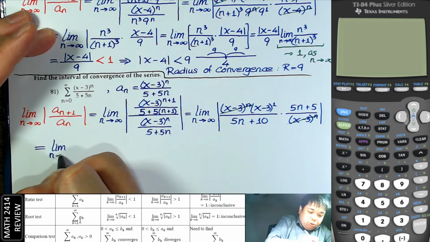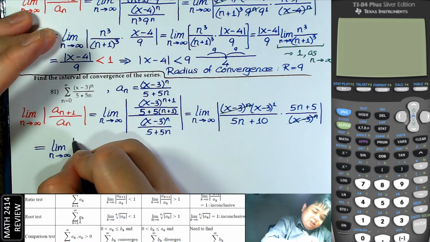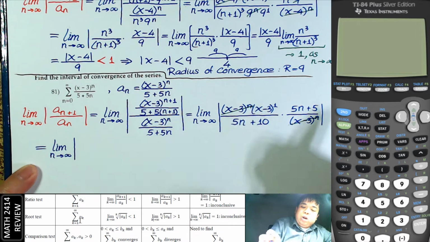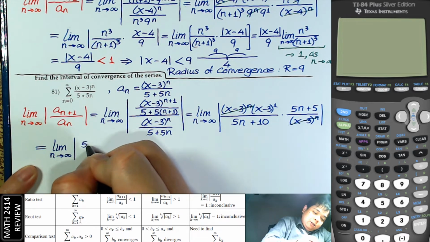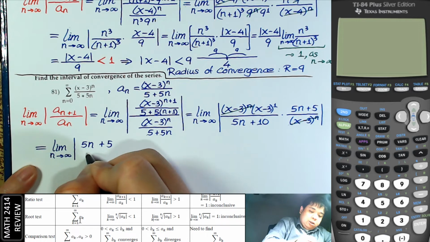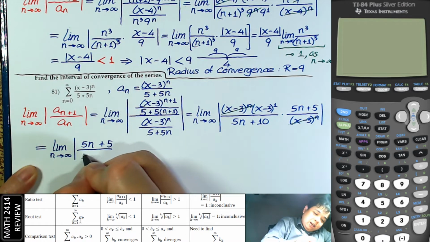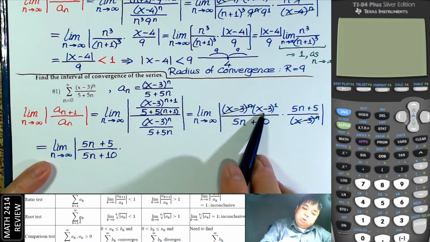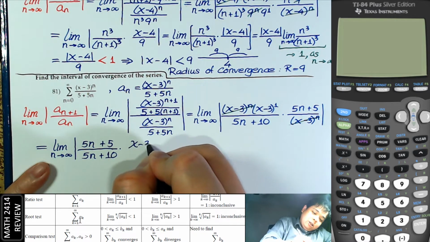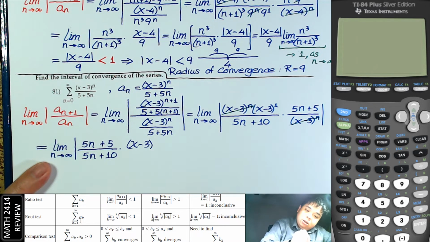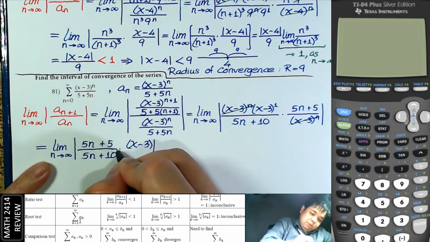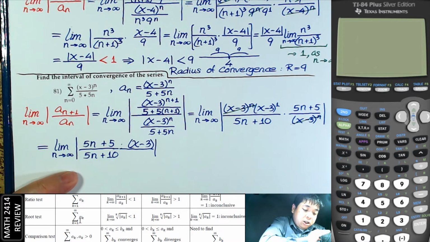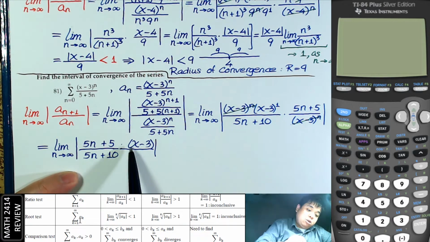Try to write small because this problem may be long. So we have 5n plus 5 on top, bottom 5n plus 10, and then (x minus 3) to the first is just x minus 3. That's it, actually. Now, like I said, the only thing that potentially can be negative is x minus 3.